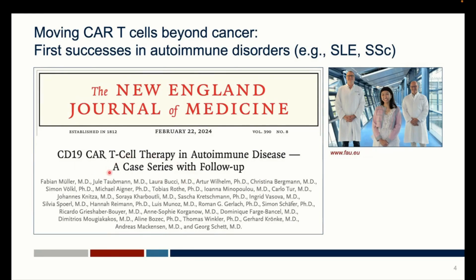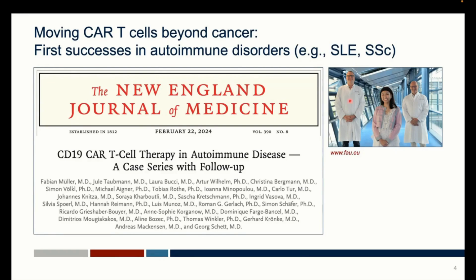It's a case series of 15 patients with very severe autoimmune diseases, including systemic lupus. Shown here on the right side is patient number 1. She's a young lady who had basically an end-stage lupus. She was taking about 50 pills a day, and had kidney involvement, lung involvement, multiple organ involvement because of her lupus. And after the one infusion of the CAR T cells, she has been free of disease now for 3 years.